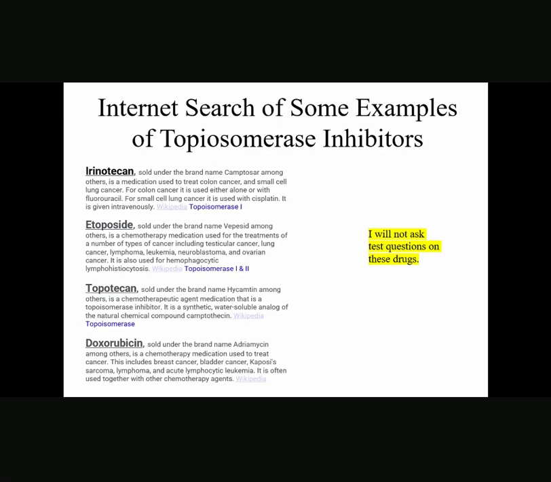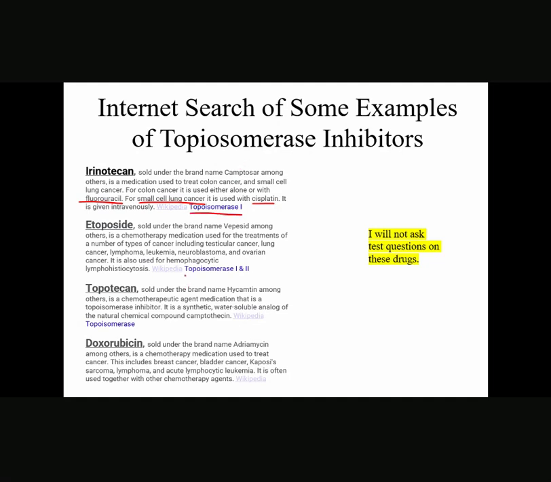Okay. For example, here's one that's used with 5-fluorouracil, and it's used to treat small cell lung cancer. Can also be used with cisplatin. So they're generally used in conjunction with some of these other anti-metabolite drugs. This one is a topoisomerase 1 inhibitor.